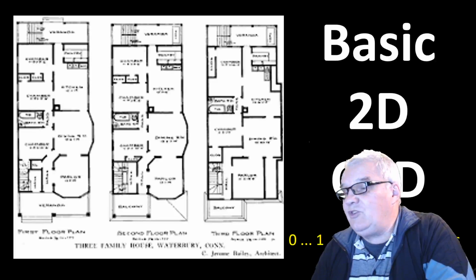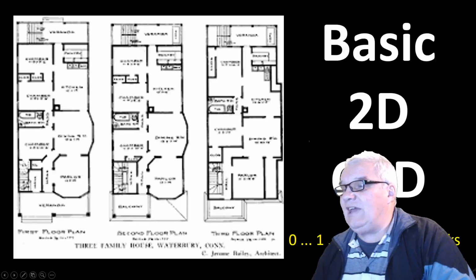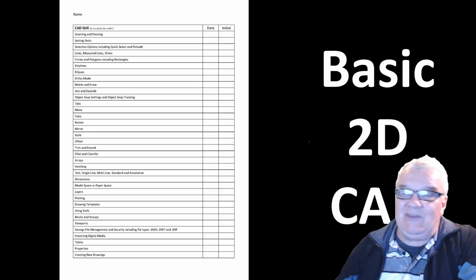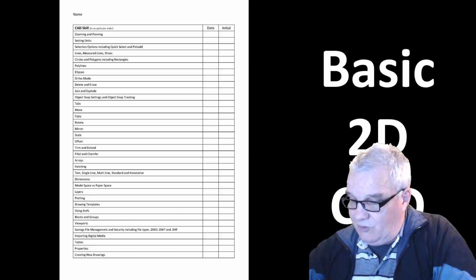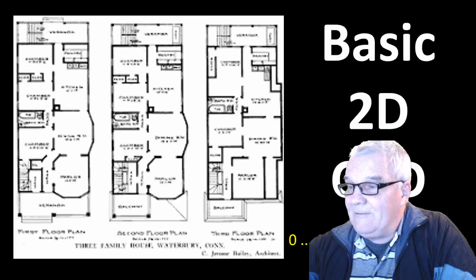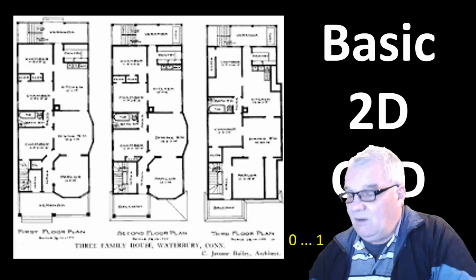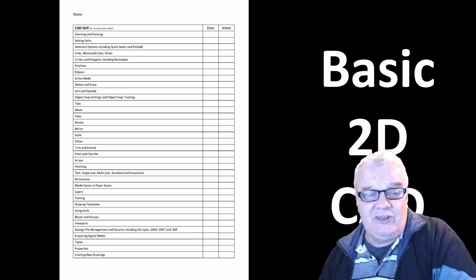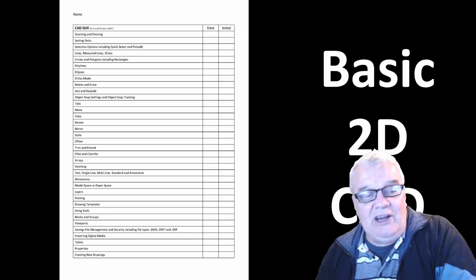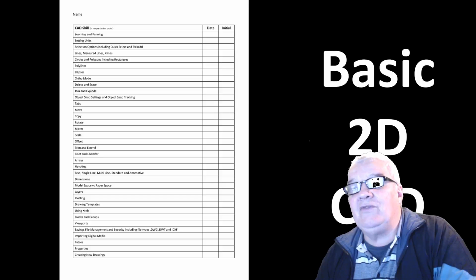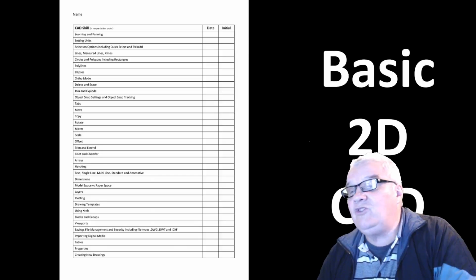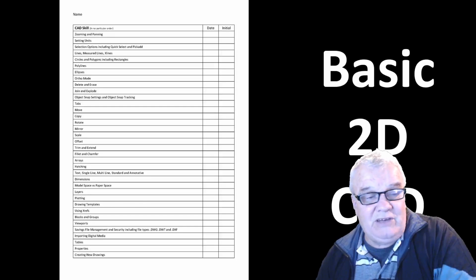Now the skill sheets, I have the skill sheets that I ask you to sign. These are the skill sheets here. Part of my reason for having the skill sheets and signing 5 skills off at a time means that I have to talk to you, interact with you, and get a little bit of feedback.